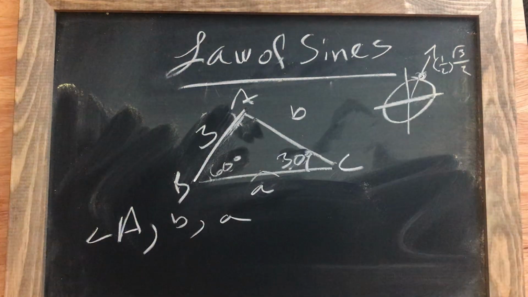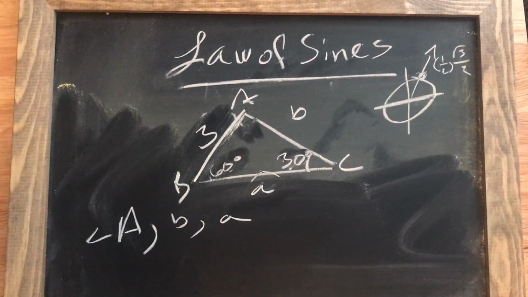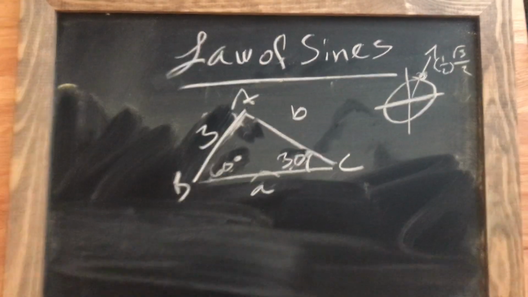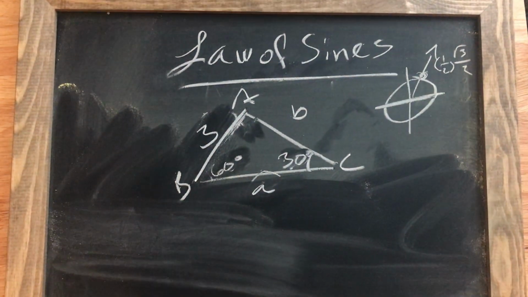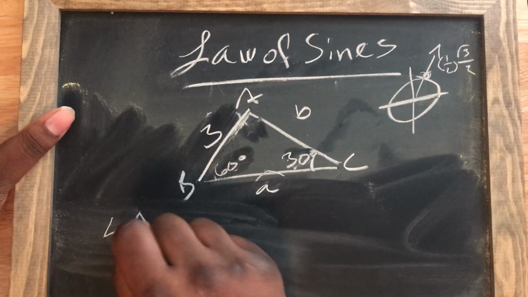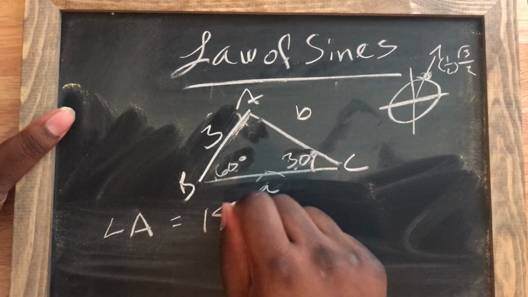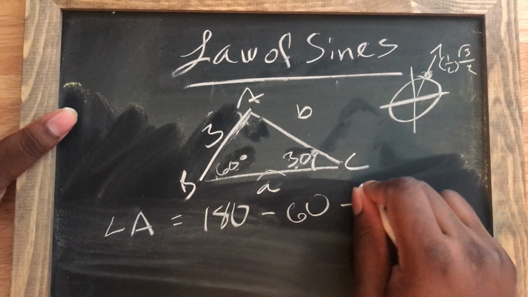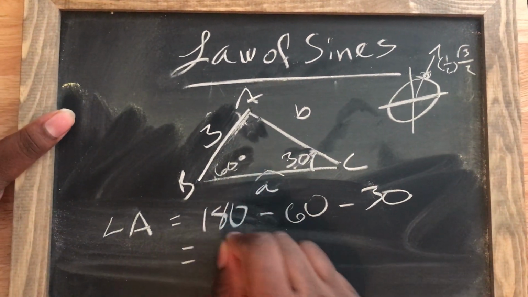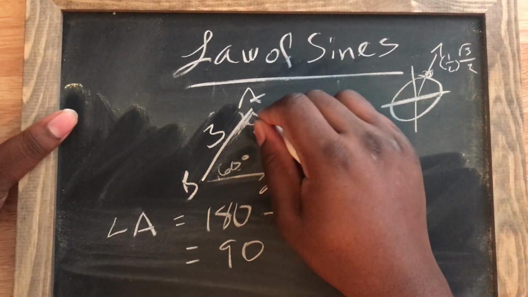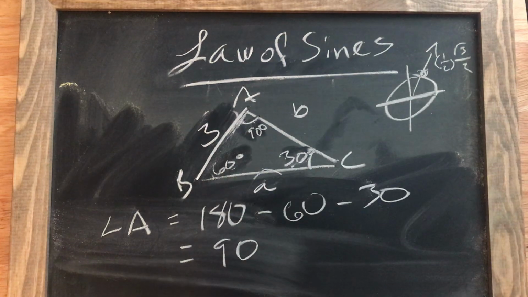Well, angle A has to be 180 minus the other two angles, which happens to be 90. So we know this now has to be 90 degrees. Once again, will it always be 90? No. Just using that for this example.